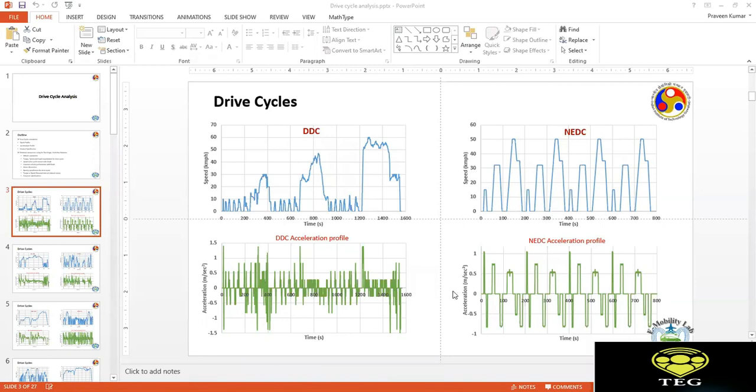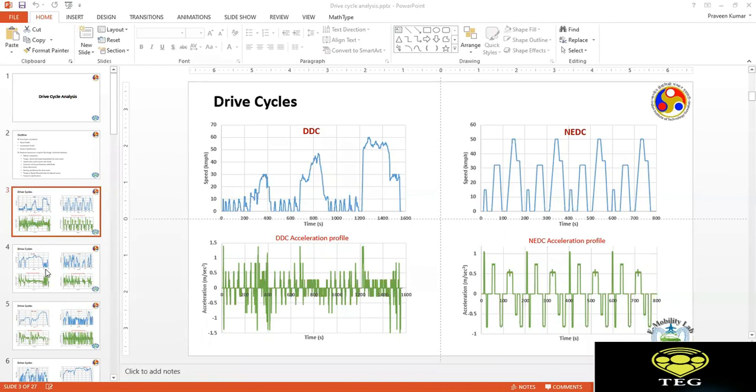Even in the acceleration profiles, in the Delhi drive cycle there are regions of very high accelerations, very close to 5 meters per second squared. Whereas in the European drive cycle, the accelerations are milder, much milder compared to what a driver would undergo while driving in daily traffic. So these are two very typical drive cycles for two very different scenarios and contexts.